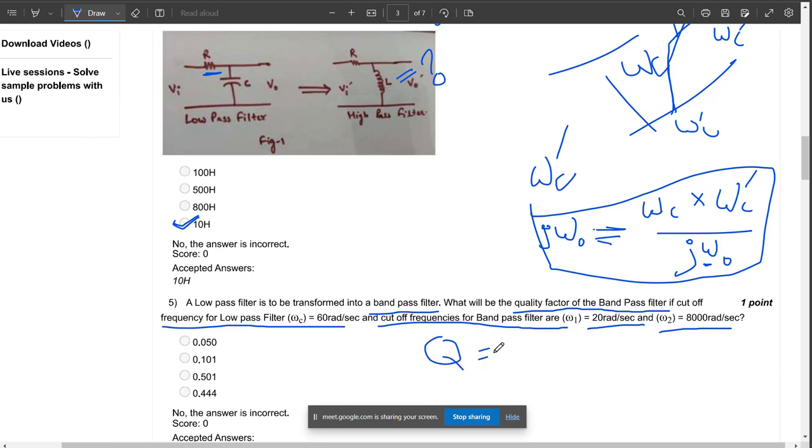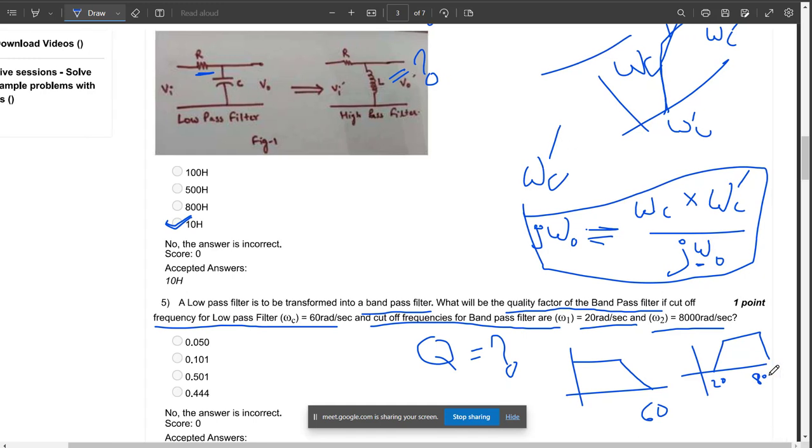The cutoff frequency for the low pass filter is omega c equals 60 radian, and the cutoff frequencies for the band pass filter are omega 1 and omega 2, which are 20 and 8000 radian per second.